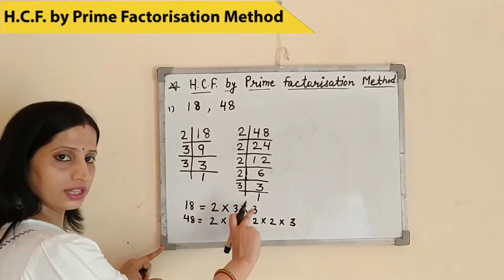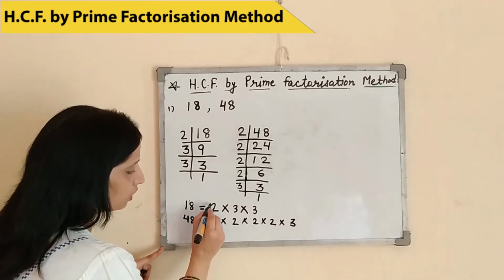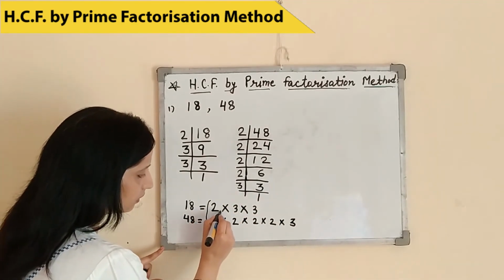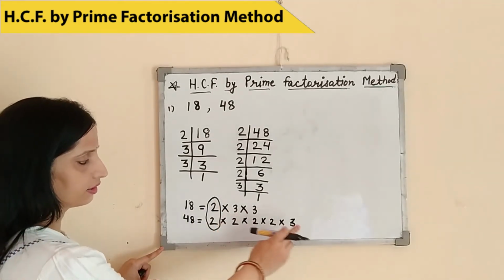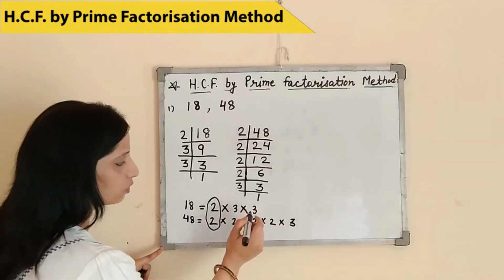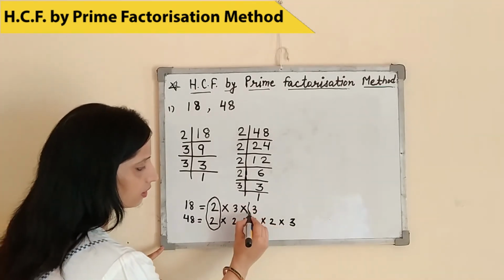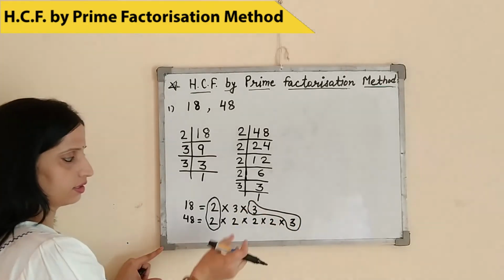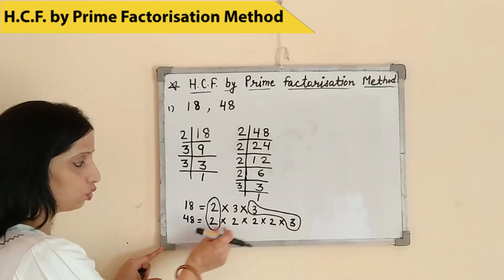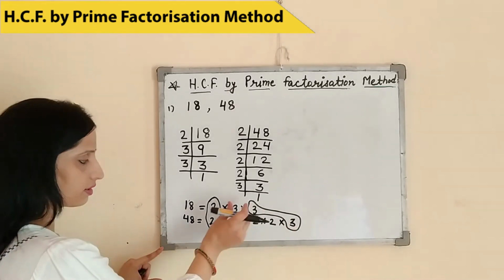Now we will circle the common factors. First 2 is common. We will circle it. Now the next number 3 is here and here also. And this 3 also. So we will circle only one 3. These are not common. So only 2 and 3 are common in both.